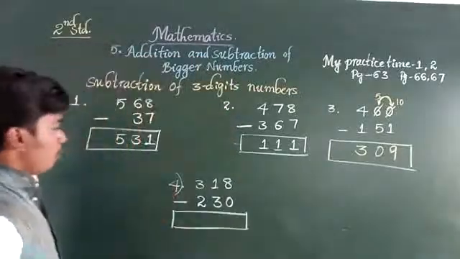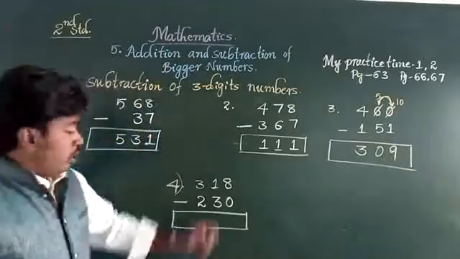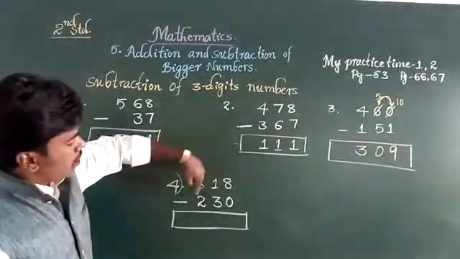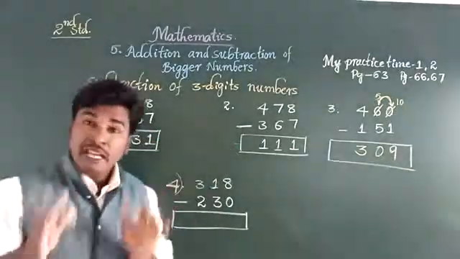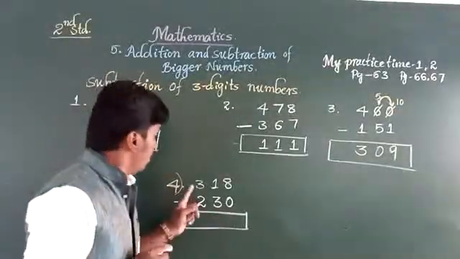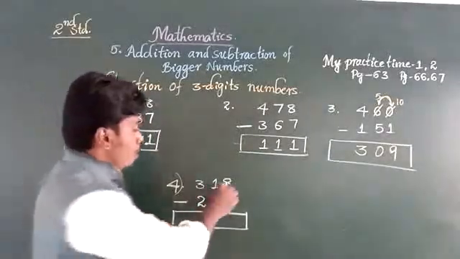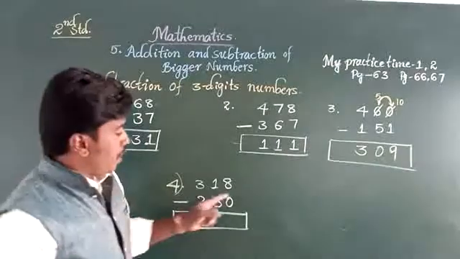Now come to the fourth question. It is also very easy. It is 318 minus 230, which means you are going to subtract 230 from 318. So 8 minus 0, you can subtract 0 from 8.